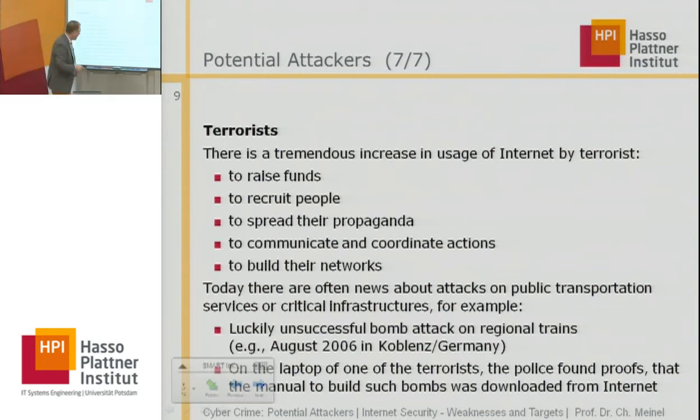But what people found out was that on the laptop of one of the terrorists, the police found proof that the manual to build the bomb and the organizational details for this terroristic attack were downloaded from the internet.